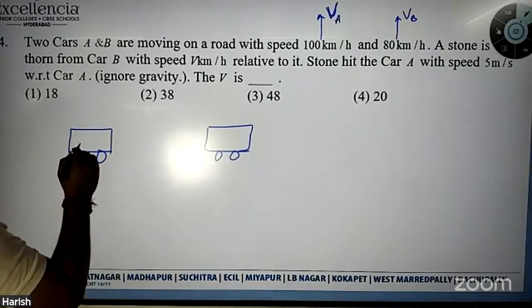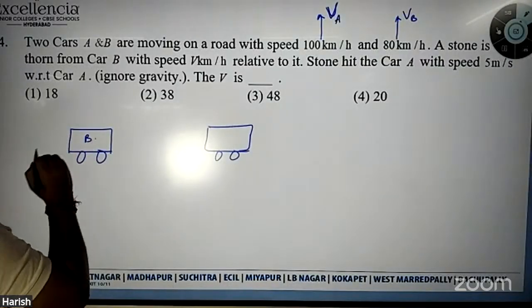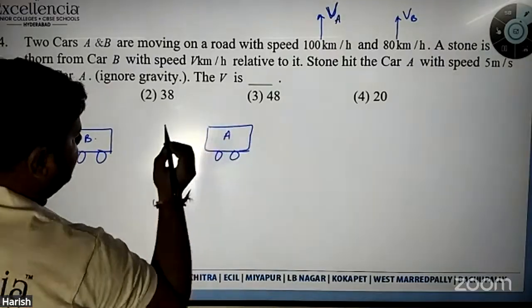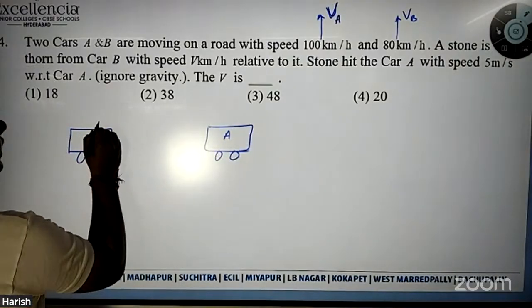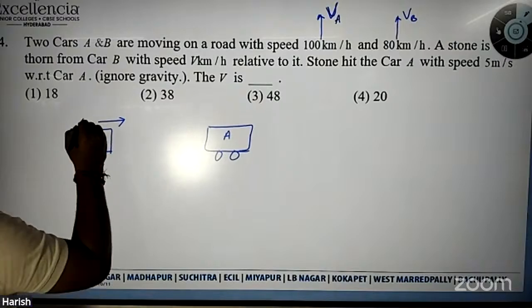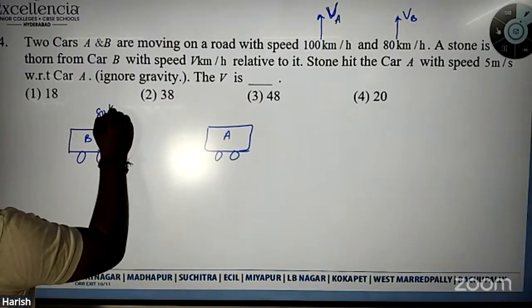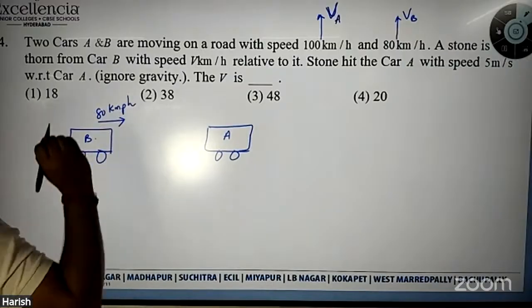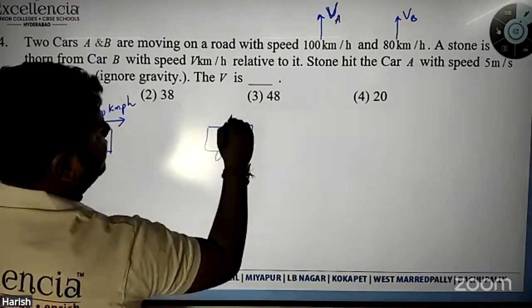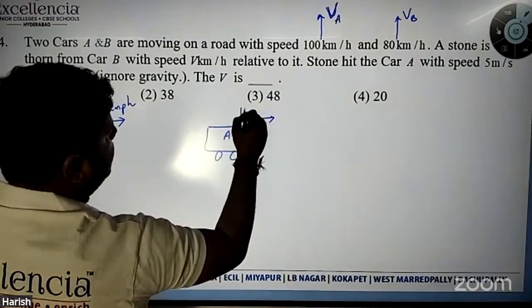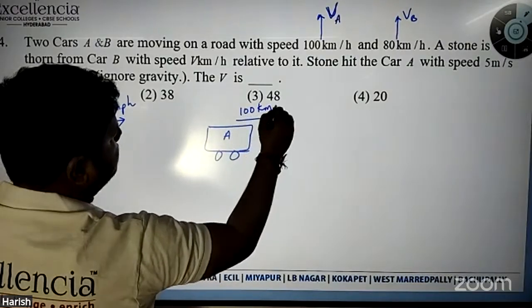So the speed of B is 80 kilometers per hour and the speed of A is given as 100 kilometers per hour.